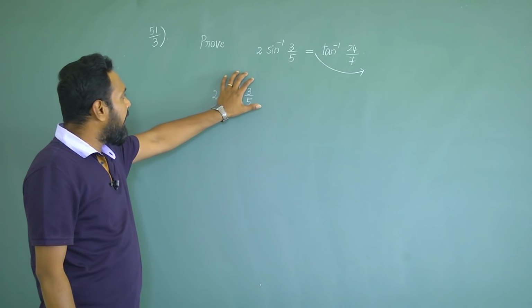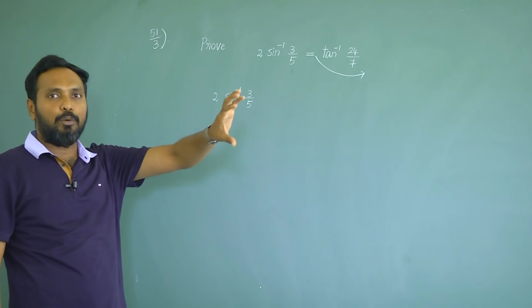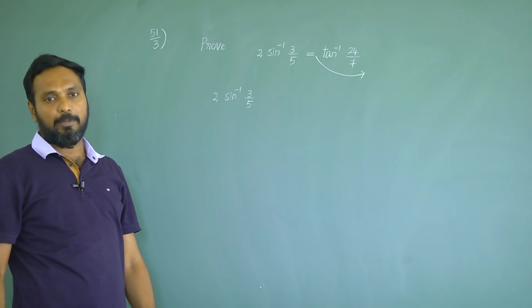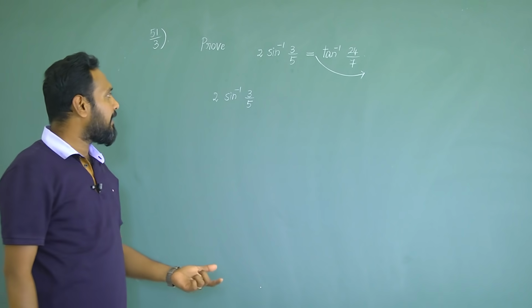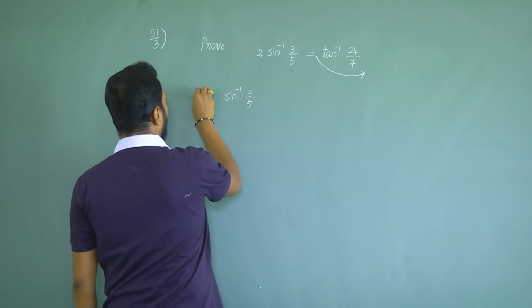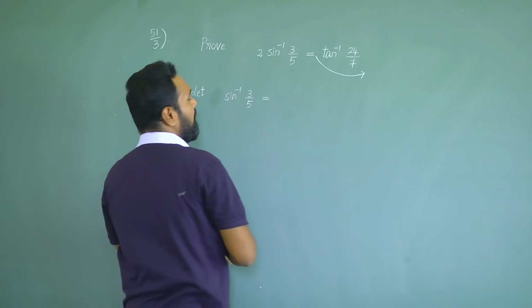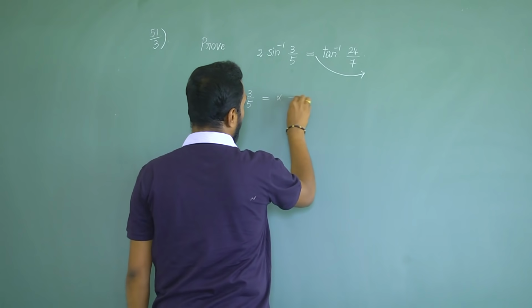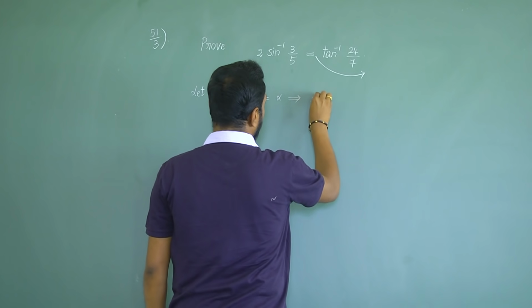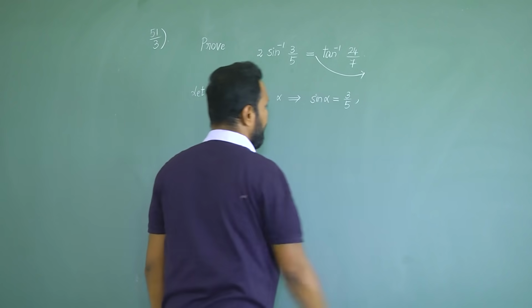Actually, this sin inverse 3 by 5 equals to alpha, and we have to use in terms of trigonometric function. Directly how I am doing is, or if we write, then also not a problem. Let sin inverse 3 by 5 equals to alpha implies sin alpha equals to 3 by 5.